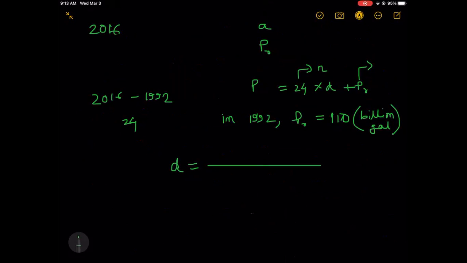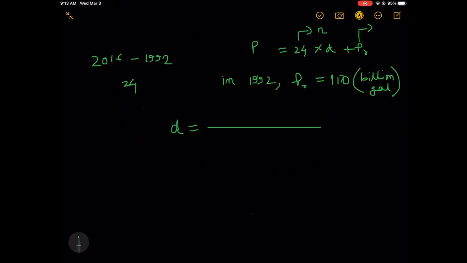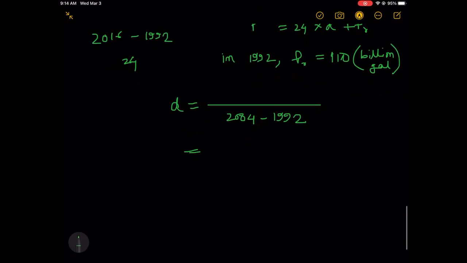13, 23. So let's take 2004 minus 1992, and the change in output will be 36 minus 110.